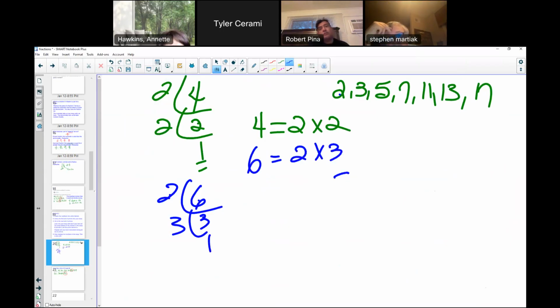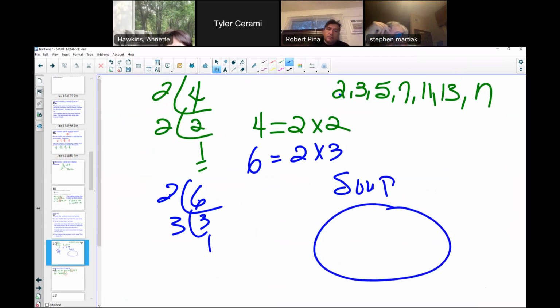So I do my soup, draw my circle, and I go to the first number, and I dump all of this into the soup, 2 times 2. Okay? Now keep in mind, I'm making a soup, and I don't want too much salt or pepper or whatever in it. So if I already have an ingredient, I don't put it in there.